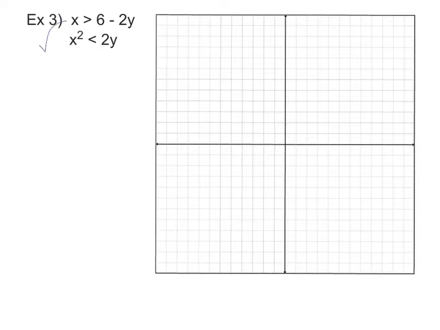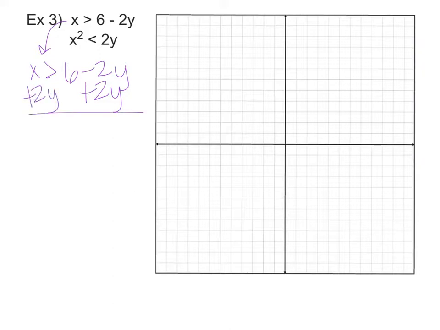The first thing we're going to do here is our line. So I have x is greater than 6 minus 2y. Now, I don't really want to mess with this negative in front of the 2y, so I'm going to go ahead and add 2y to both sides. Now I have 2y plus x is greater than 6.